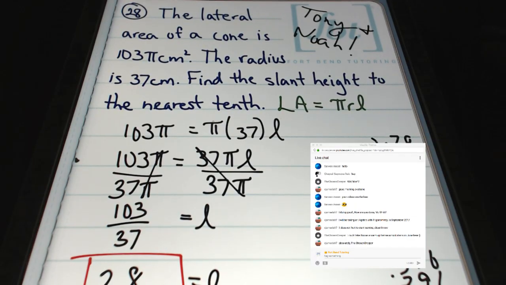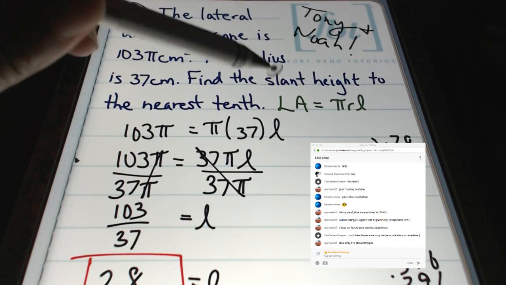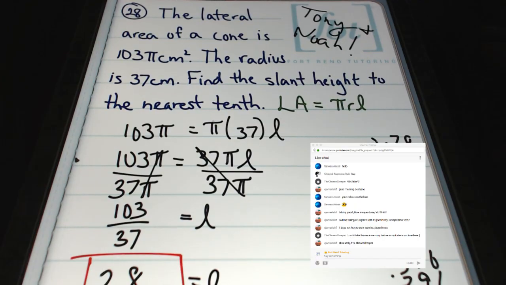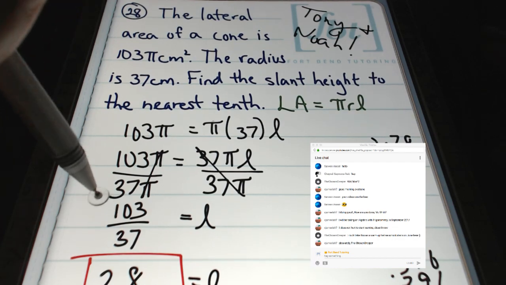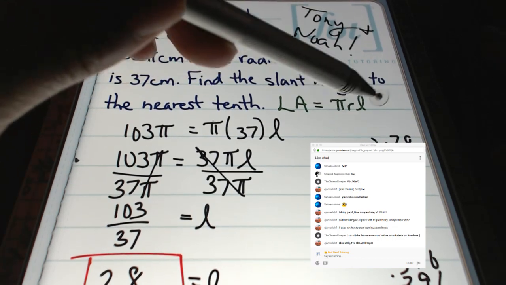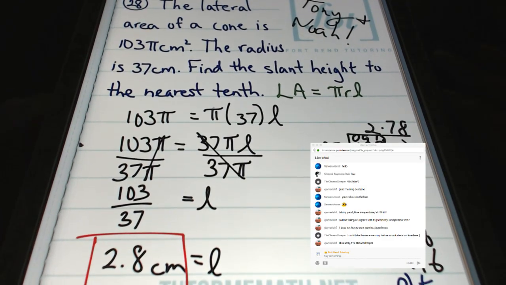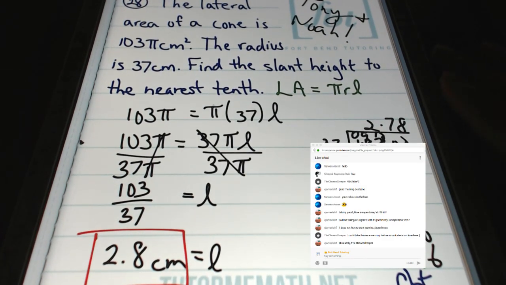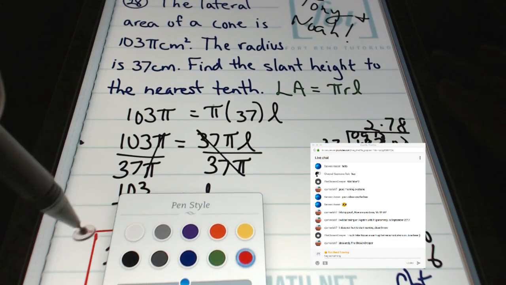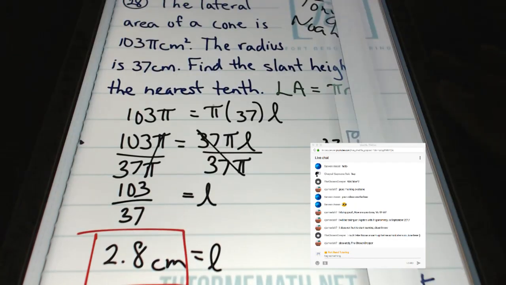And we substituted and then isolated our variable L, which was representing the slant height, and then we had to divide both sides by 37 pi. And if you can do your long division better than Mr. Witt on the fly, then you would end up with the correct result, which is going to be 2 and 8 tenths centimeters to the first power. There it is. Running away from this problem here, guys. Let's get off of that.